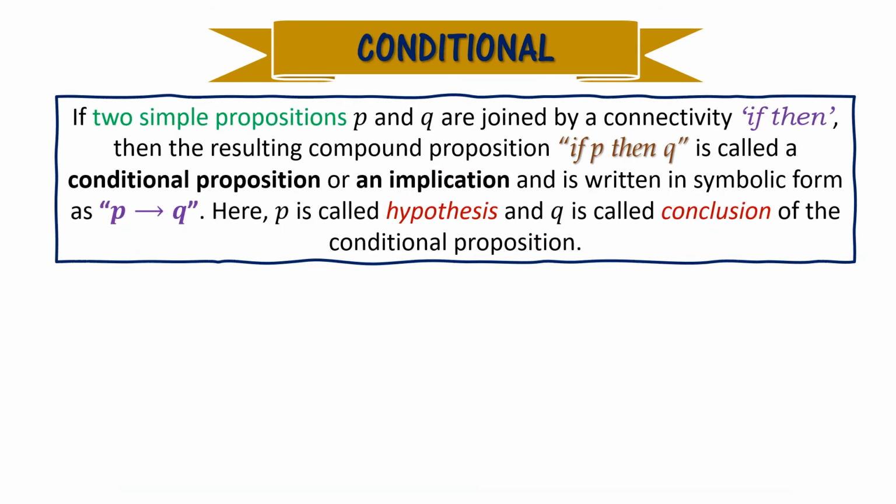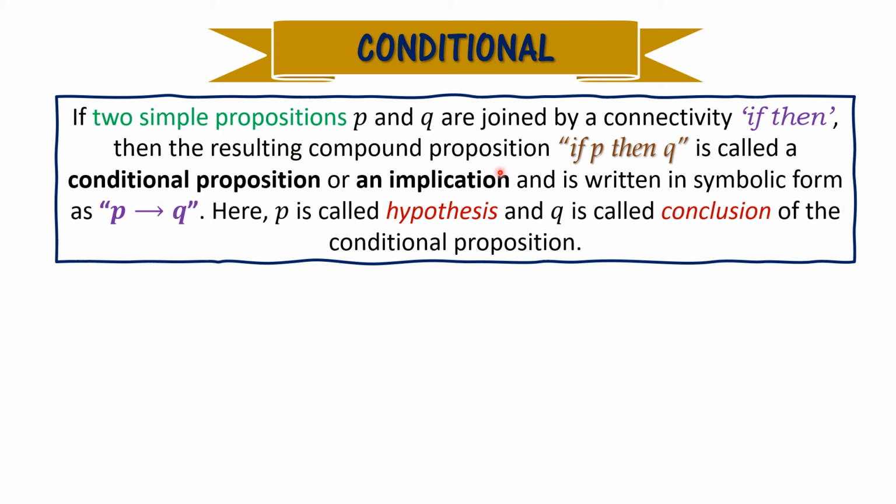Next, the second to the last, if-then, is a conditional statement. That is when two simple propositions P and Q are joined by a connective, if then. Take note, there will be the words if then.